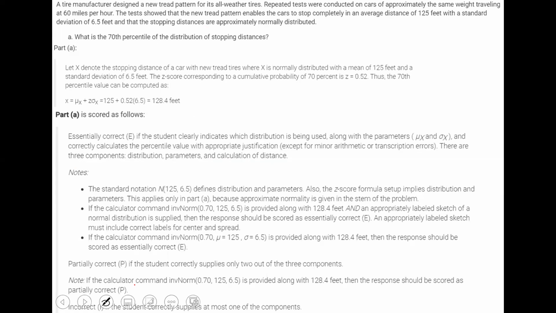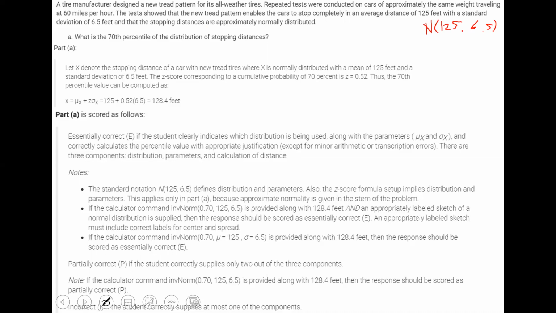The tests show that the new tread pattern enables the cars to stop completely in an average distance of 125 feet with a standard deviation of 6.5 feet, and that the stopping distances are approximately normally distributed. Okay, so there is some information that I might write down if this was a test. All right, what is the 70th percentile of the distribution of stopping distances?